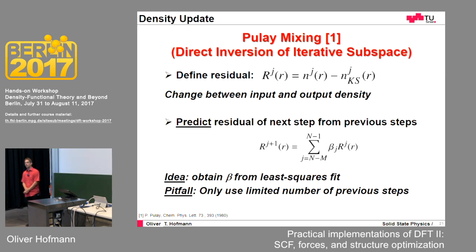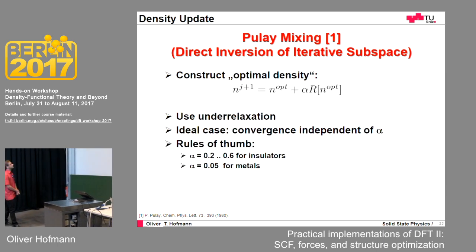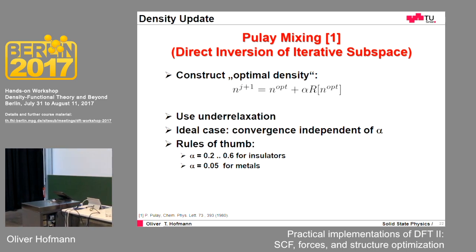And it has an additional parameter, and the additional parameter is the number of steps that you use to predict the next electron density, or to predict the null error vector, if you want. Still, what you do in the end is you calculate the electron density by the previous electron density plus a mixed or a damped additional factor from the residual that you just calculated. Yeah, you use under-relaxation, so to speak, similar to linear mixing.